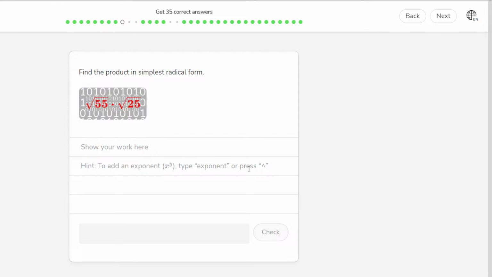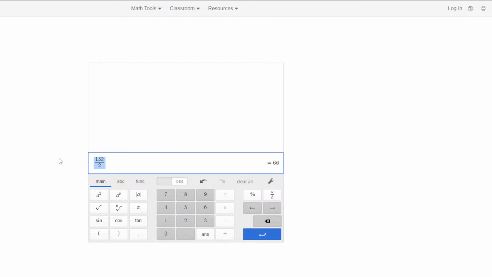Okay. Square root of 55 times 25. That means... Well, what's 55 times 25? So, okay, so square root of 1,375.